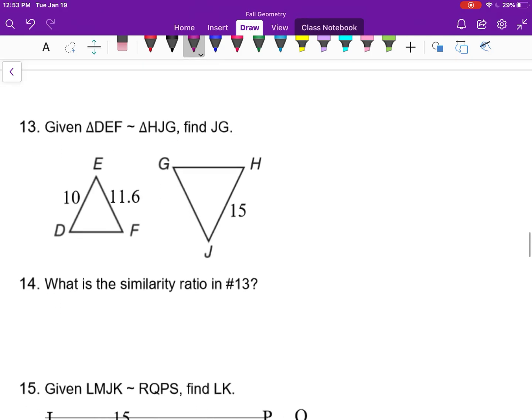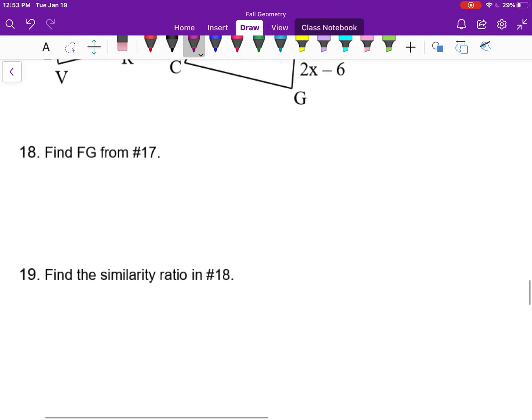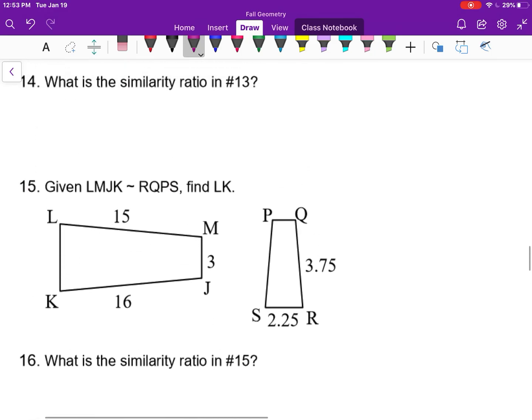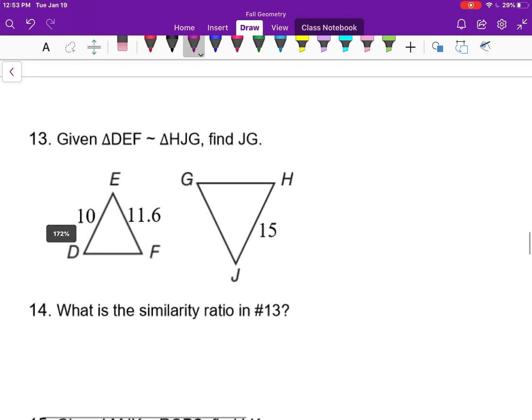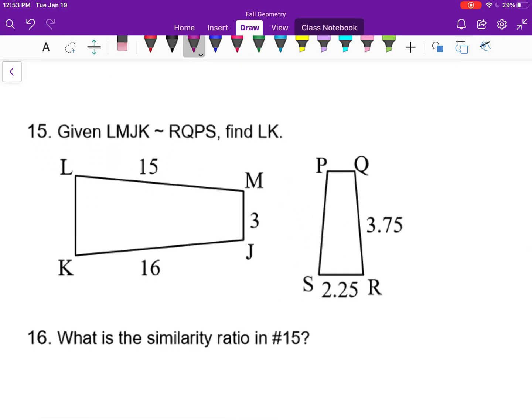Now, what happens if you have a problem where some of these don't have little tick marks on them anymore? You need to go ahead and use your similarity statement. So let's look at this one right here, the decimal ones. You have to know what you're looking for.